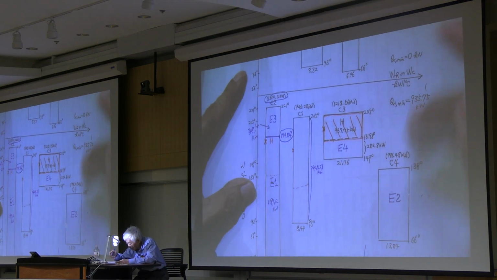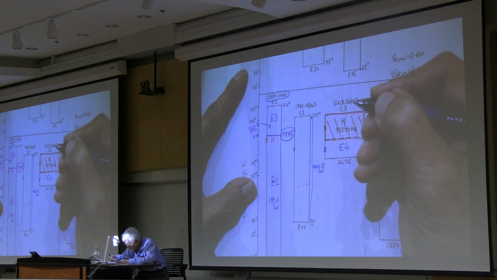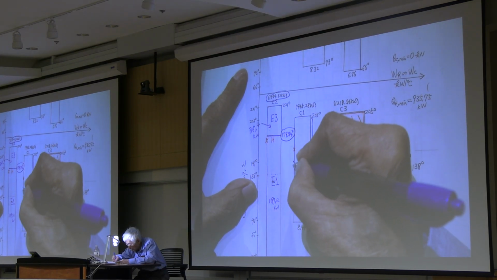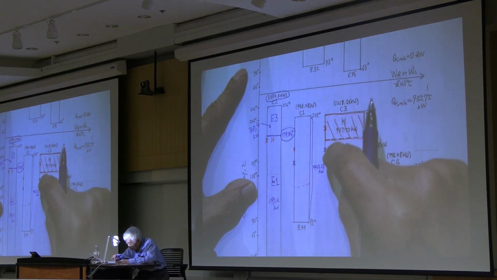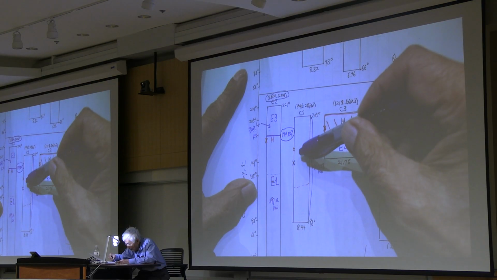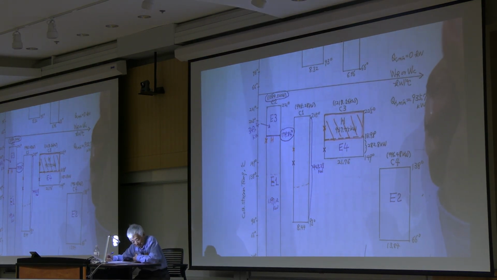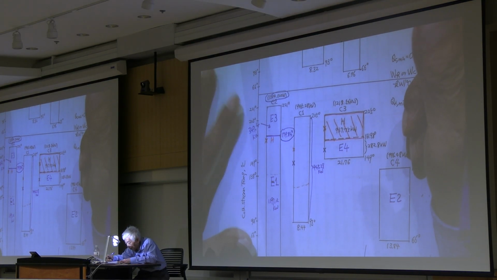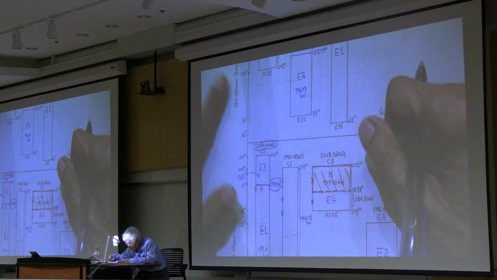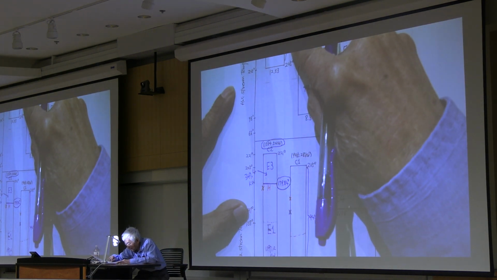The other thing you notice here, this average block temperature, right there, and this 945.28, and 968.19.